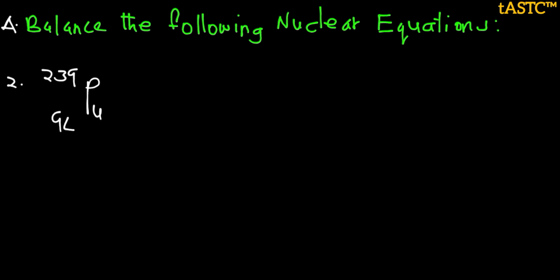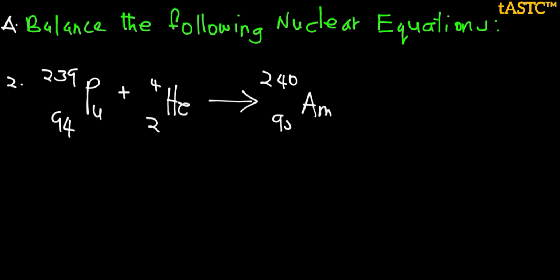So this is 4 plus 4, and then you have a 2 here, and then you have an X, or is it a Y? And this is 2, 1, 0, and an N. Now we need to find out what it is, Y.